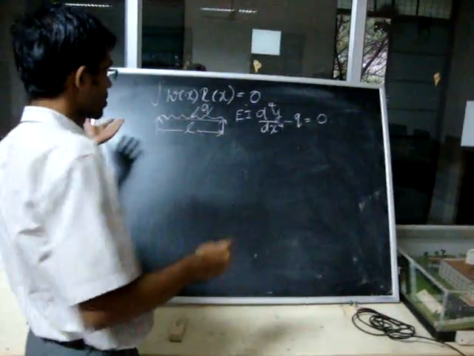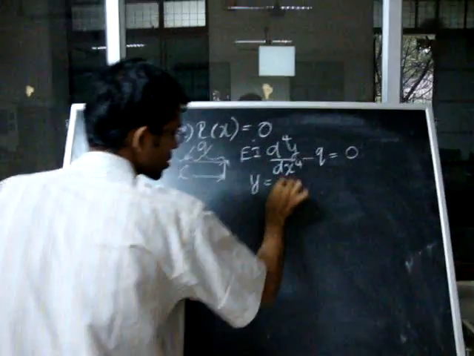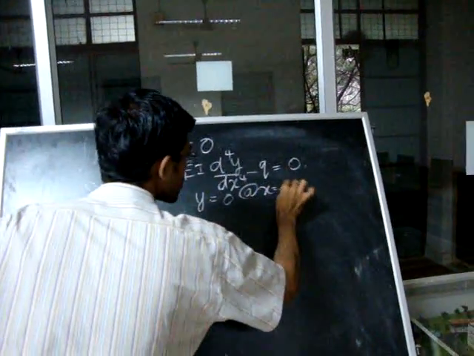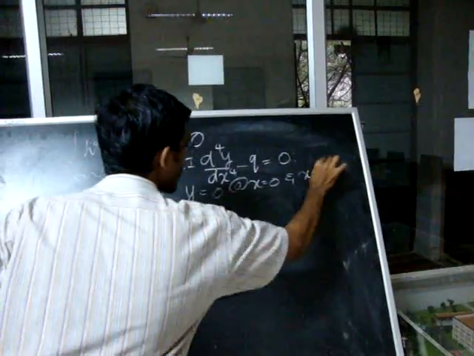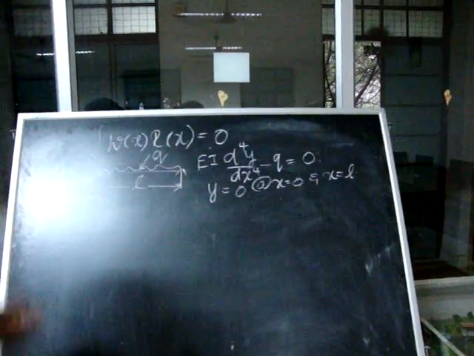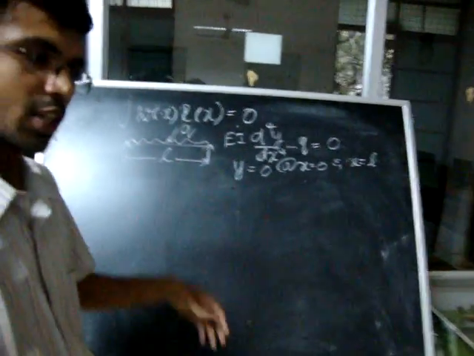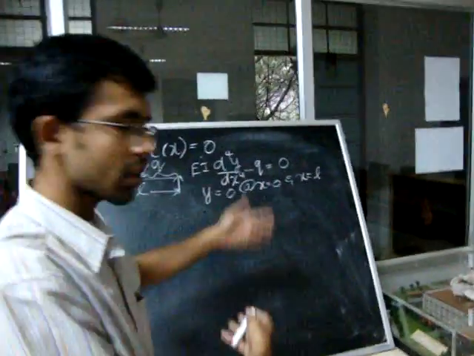The boundary conditions are obviously y, the deflection, is 0 at x equal to 0 and at x equal to L. This is the essential boundary condition, displacement boundary condition or Dirichlet boundary condition.